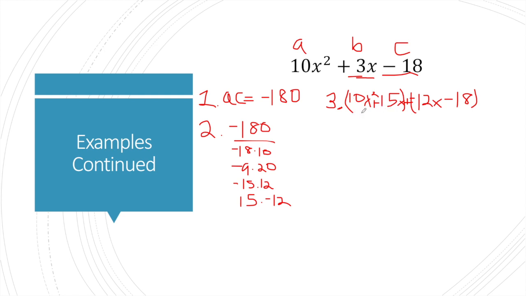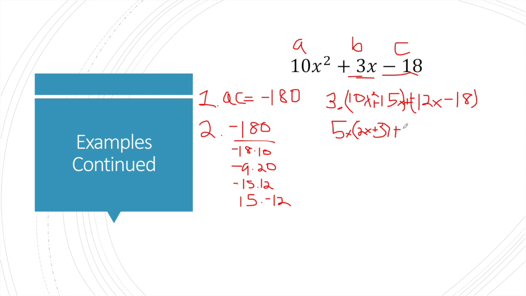My greatest common factor of 10x squared and 15x is going to be 5x. So I have 5x times 2x plus 3. Next, I have negative 12x and negative 18. Do we like negative leading coefficients?